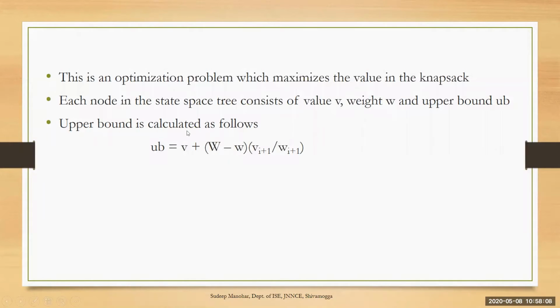The upper bound is equal to V, the value, plus W, the maximum capacity, minus w, the weight of the item, into Vi plus 1 by Wi plus 1. This is the value by weight ratio of the next item. So this V and w correspond to the current item, and Vi plus 1 by Wi plus 1 corresponds to the value by weight ratio of the next item.